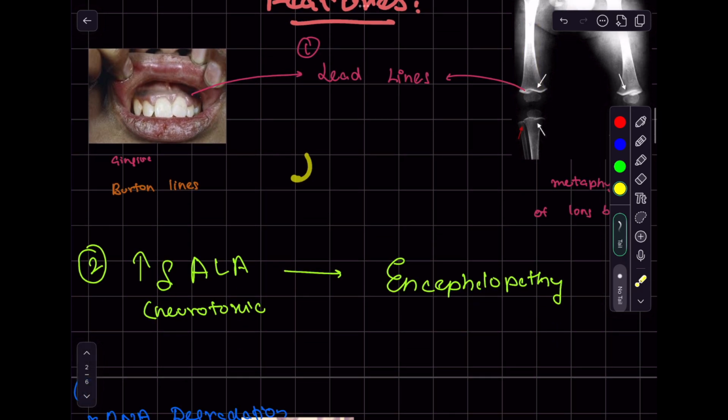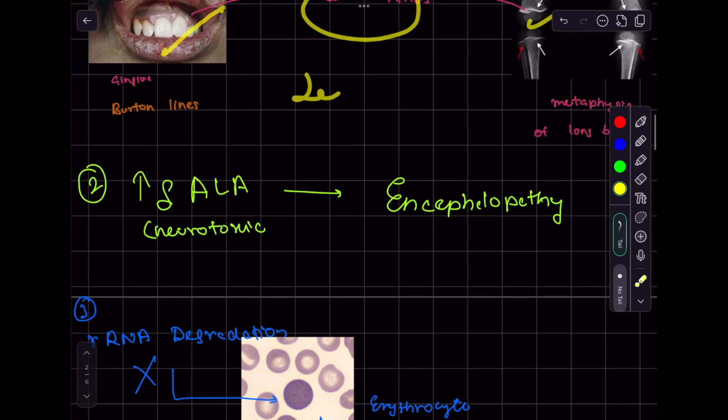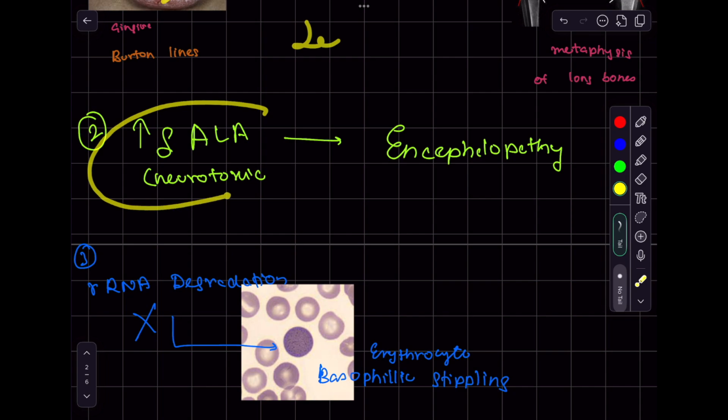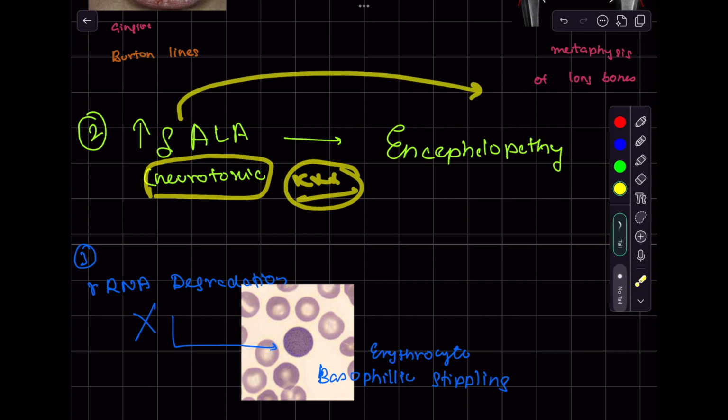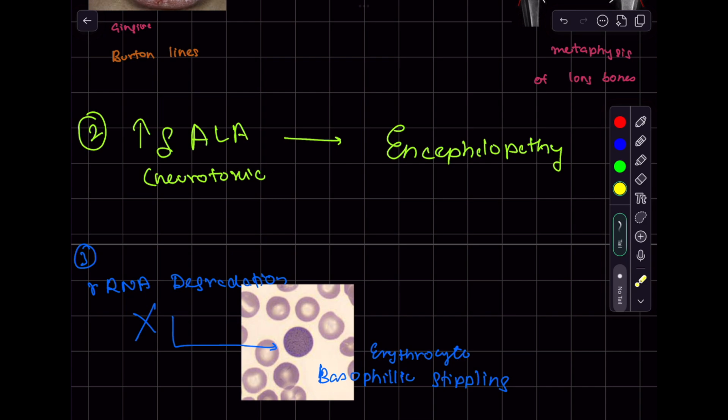So, lead leads to lead lines in the gingiva and in the metaphysis of long bone. Secondly, as we have already discussed, the impaired activity of ALA dehydratase enzyme leads to increase in ALA, which is neurotoxic. It is very important. ALA being neurotoxic leads to encephalopathy in case of lead poisoning.